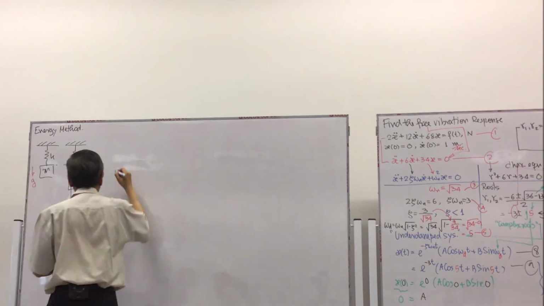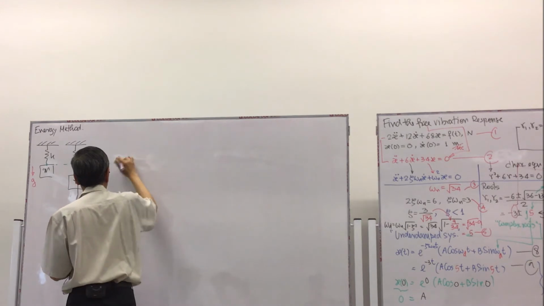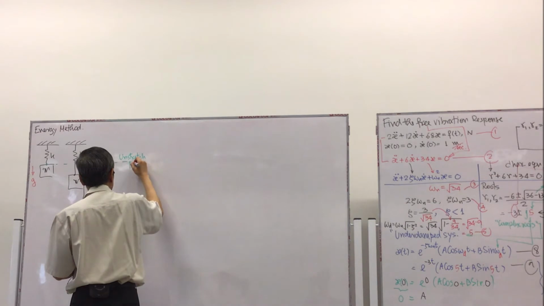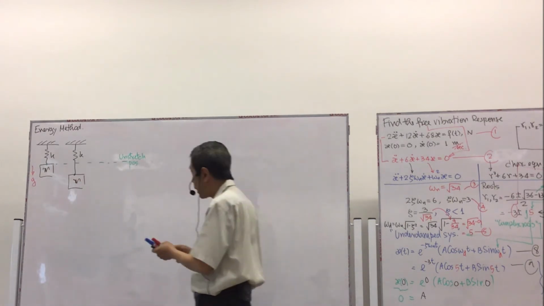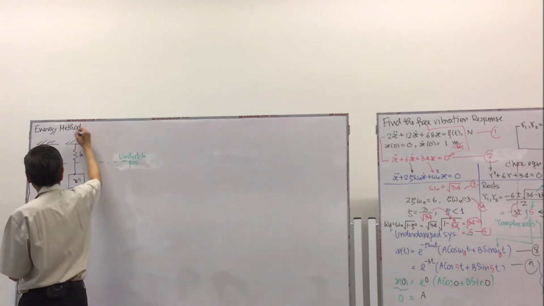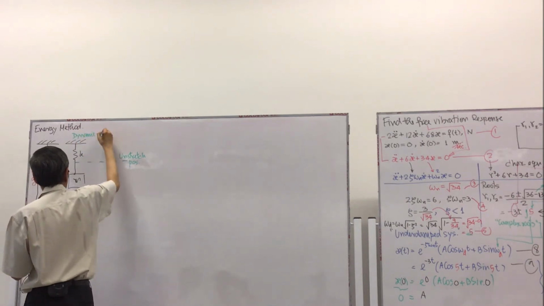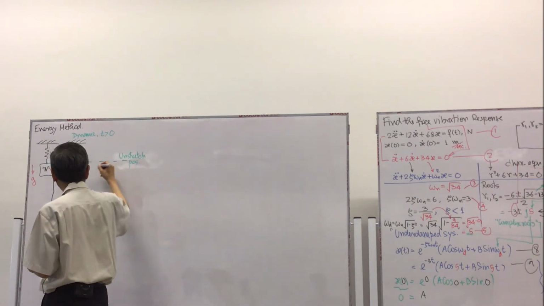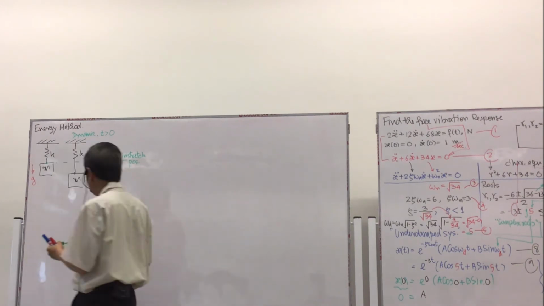We have the unstretched position of the spring. Then, in the case of dynamics, during the motion when it's greater than 0, we have the whole displacement here equal to y.